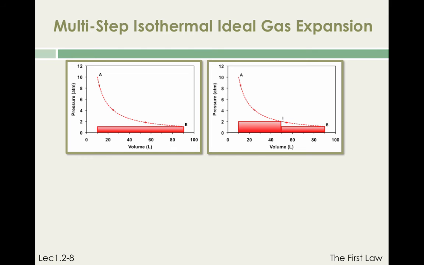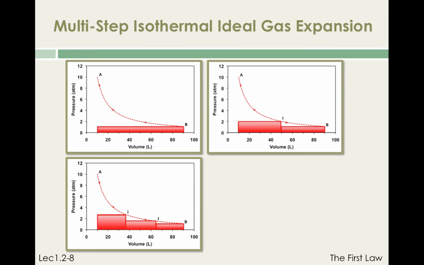We now extend the discussion to the case of the 3-step and 4-step expansions. In the 3-step expansion, the total mass is removed in 3 stages. At the end of the first stage, equilibrium state I is reached. At the end of the second stage, equilibrium state J is reached. And finally, state B is reached at the end of the third stage.